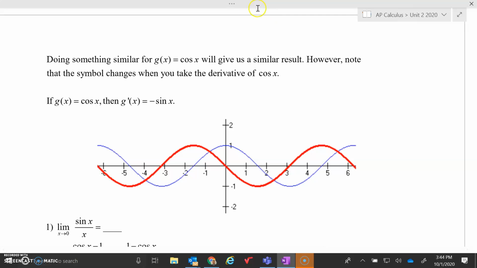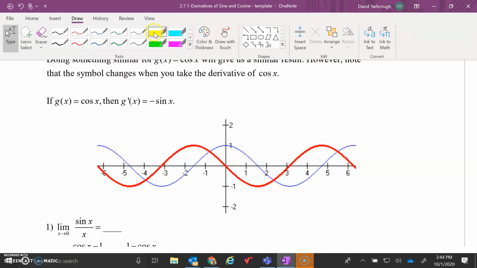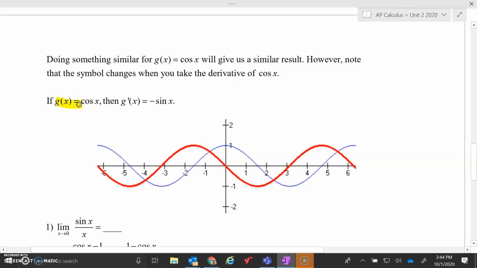When you look at the next page, you'll see it says if we did something similar for g of x and we found the derivative of cosine x using the definition of derivative, we would get a similar result, but highlight the fact that the derivative of cosine x is actually negative sine x.